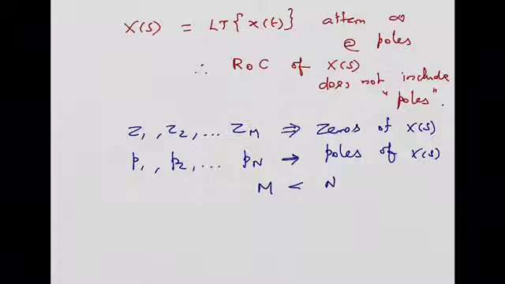right? So Z1, Z2, Z3, Z4, Z5, Z6, etc. are zeros. The plot of X(s) is a three-dimensional plot, in fact. So we shall find out how to represent poles and zeros in the s plane. What is s? s is actually a real component and an imaginary component.